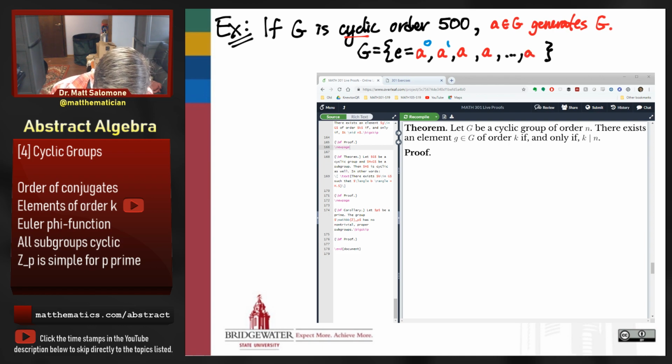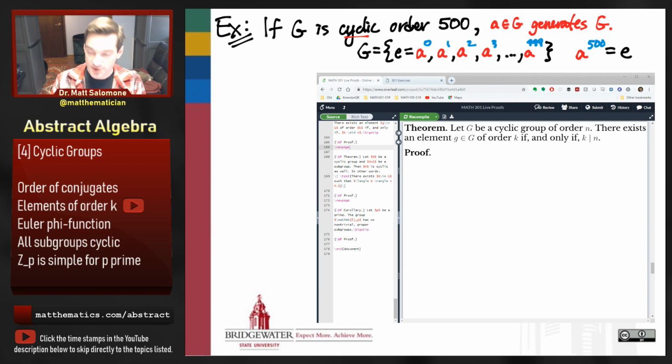So a to the 1, a to the 2, a to the 3, all the way up to a to the 499. And if I were to multiply by one more power of a, once I got to this highest exponent, I would get a to the power 500. But the order of a is 500, and therefore a to the power 500 is going to be equal to the identity once again. So just to remind ourselves of that fact, let me add that observation here at the end. a to the power 500 is going to get me back to the identity.